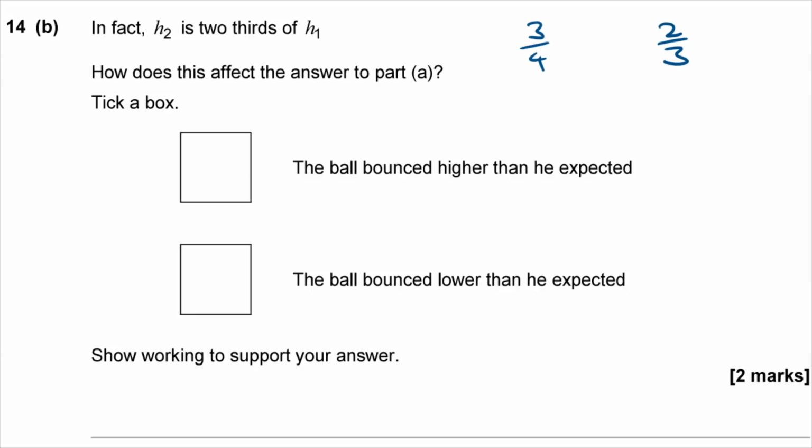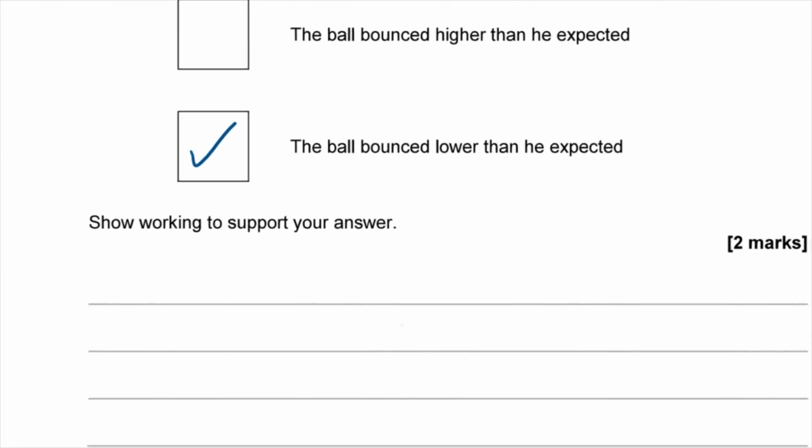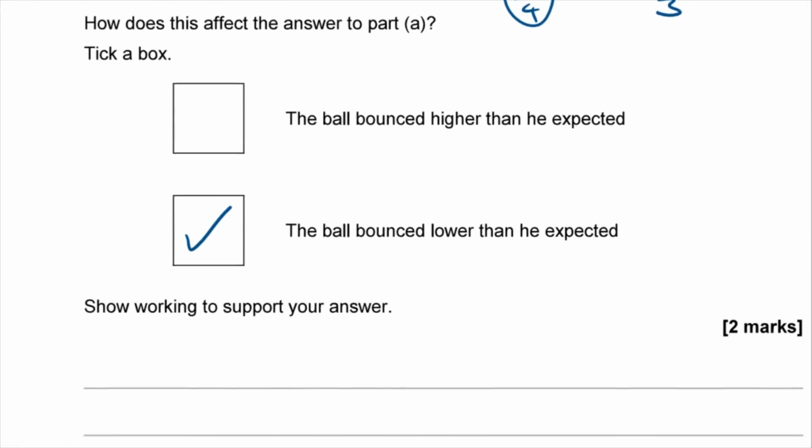Just from my knowledge of fractions, I know that the 3/4 is the bigger one. So I'm multiplying through by something that is slightly less than it was before. So if I'm multiplying through by a smaller fraction, then I think it's going to be lower than he expected. But anyway, I'm going to work it out properly so we can compare our work.